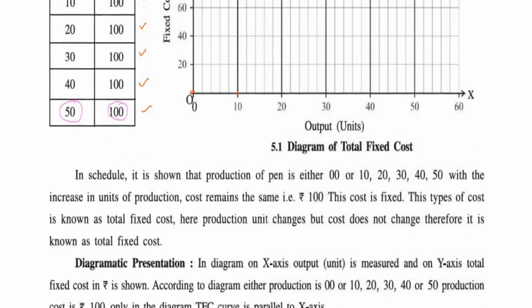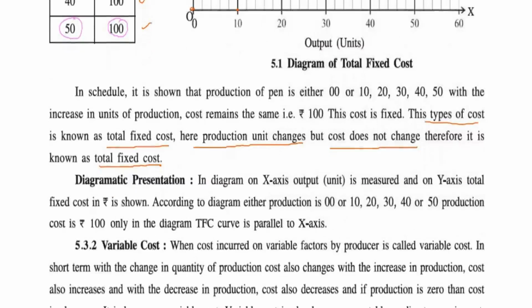So why is it called fixed cost? It is called total fixed cost because the production units may change, but cost does not change. Okay, and the total fixed cost curve is parallel to the x axis.